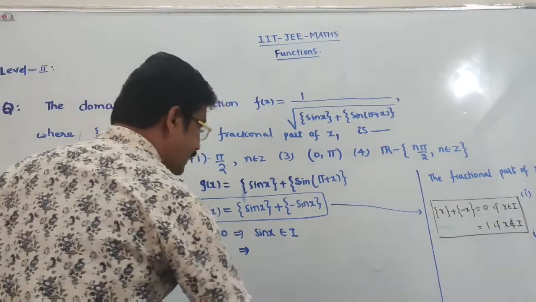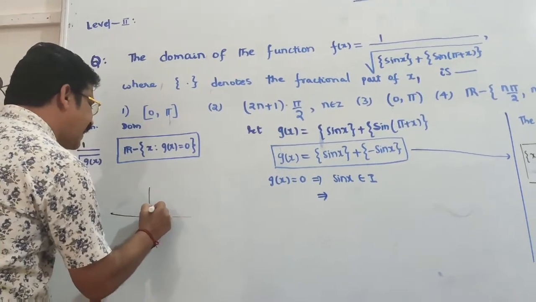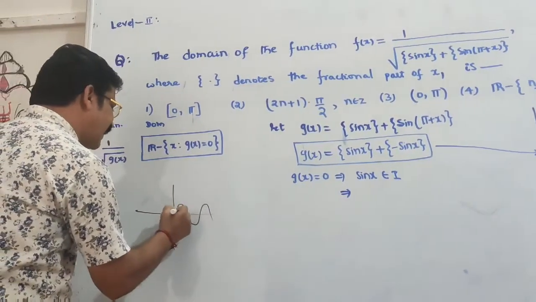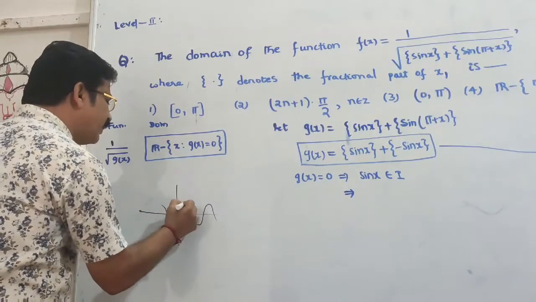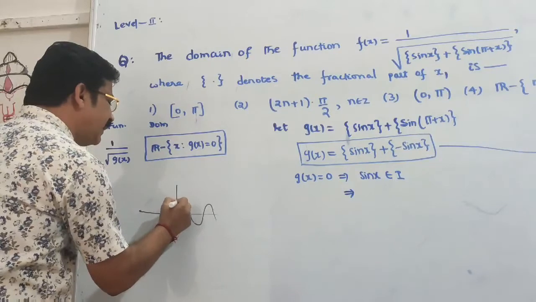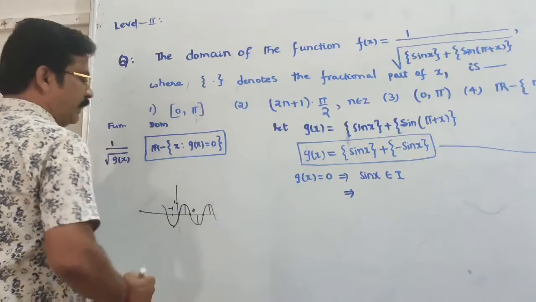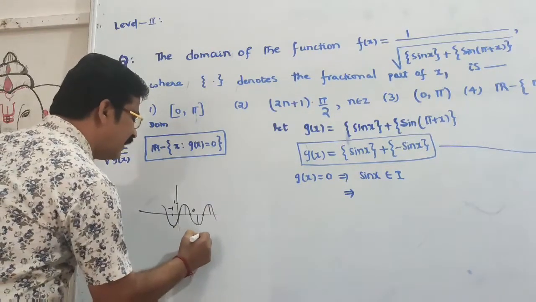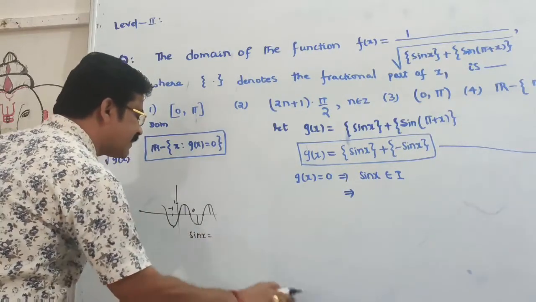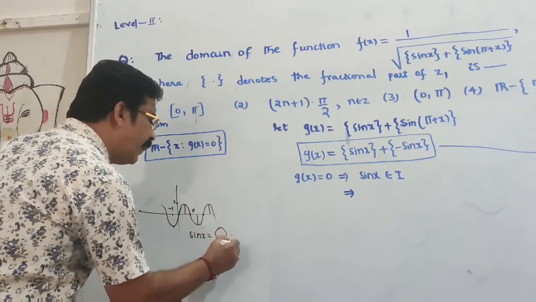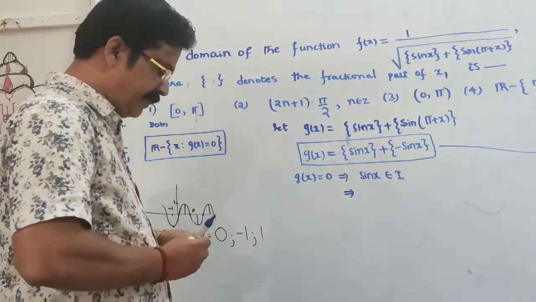Now let us consider the sin x graph. In the sin x graph we clearly see the minimum value minus 1, the maximum plus 1, and 0 in between. So here sin x is taking only 3 integers: 0, minus 1 or plus 1, with the help of the graph.